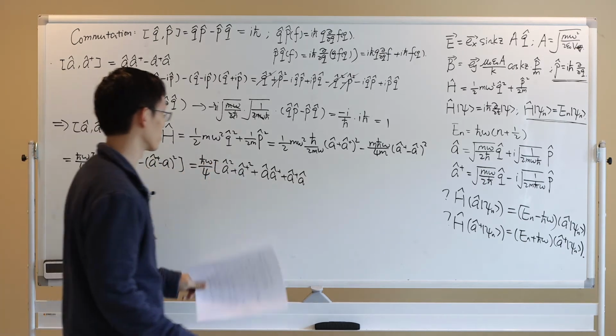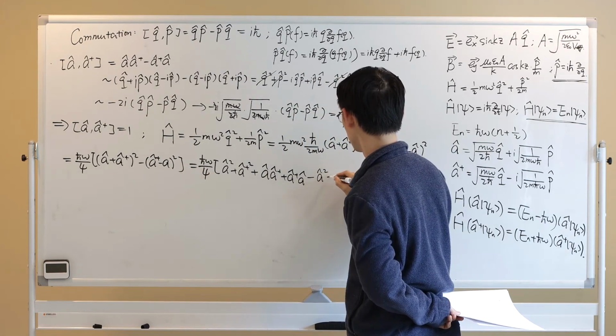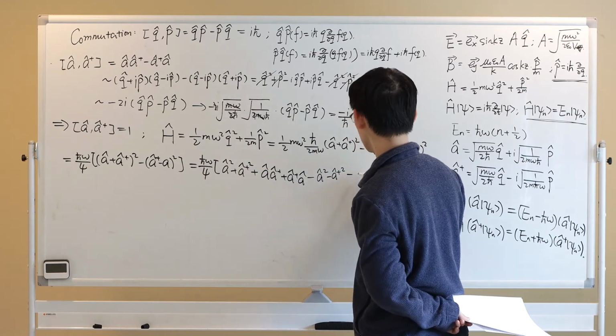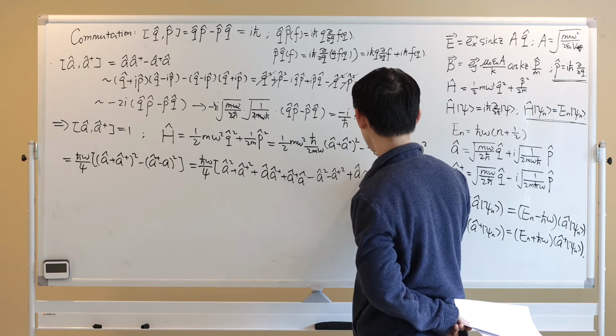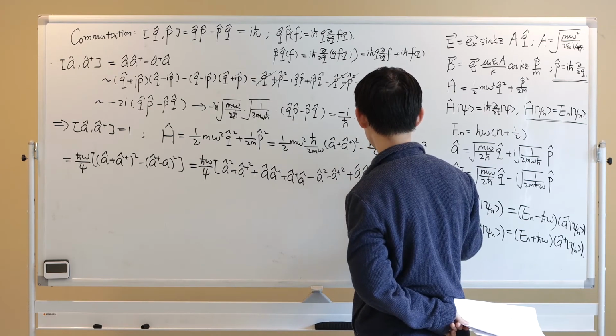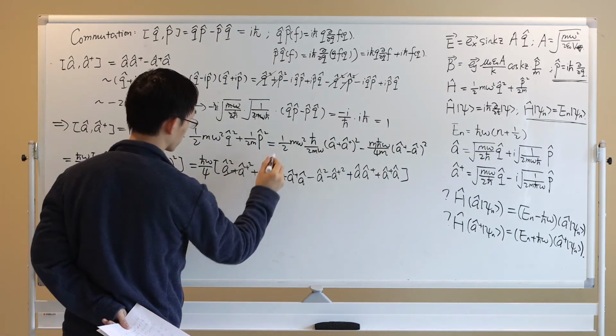There's no such thing as this. And then minus a squared minus a dagger squared, minus a a dagger, plus a dagger a. If you do this, you cancel all these terms.